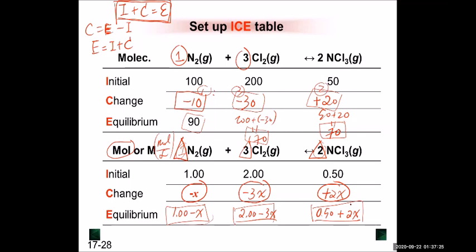We'll see two situations in this chapter where we use the ice table. The first situation is you'll be given the initial amount of all the reactants and products, and you'll be given one of the final amounts. That situation is similar to this first scenario. We have the beginning, we know one of the reactants, and then we can find the change for each and every reactant and product, and finally solve the equilibrium concentration for all the other reactants and products. So given the initial and one of the final, you can solve the ice table.